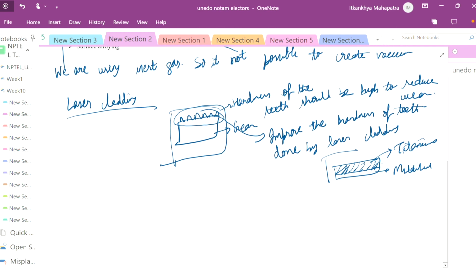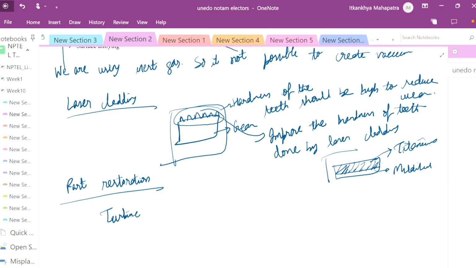Now, part restoration. Take a turbine blade. Suppose it is broken from this side, from this portion. Either you have to replace the whole turbine, or we need to find out how to rectify it.